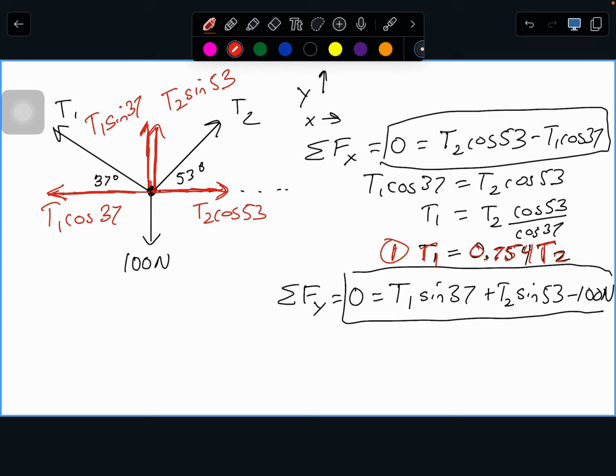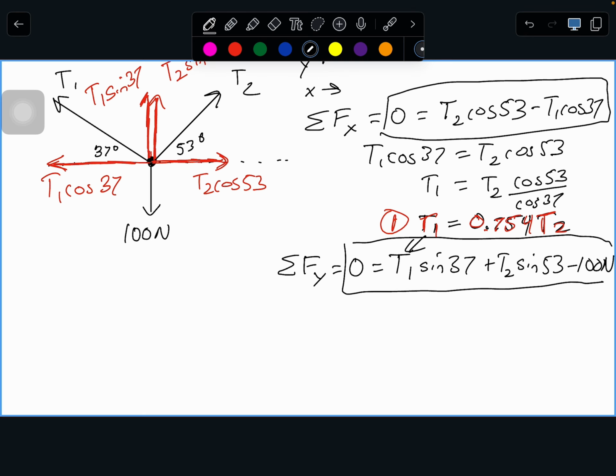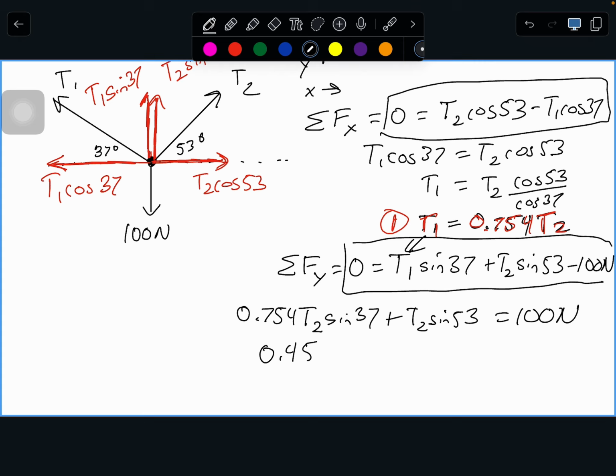Now, I'm going to take that equation I've solved down, and I'm going to put this T1 in for the T1 in the other equation. And so it's going to look like this: 0.754 T2 sine 37 plus T2 sine 53 equals 100 newtons. And we crunch it. We go 0.754 times 37 sine. That's going to be 0.454 T2.